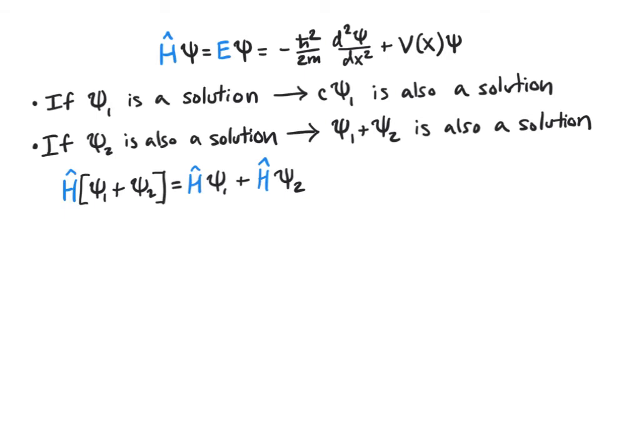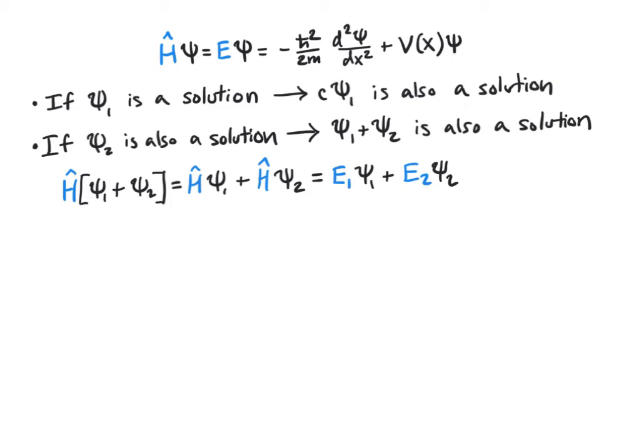Now the simplest solutions to this equation are the eigenstates of the Hamiltonian operator. Any wave function that is an eigenfunction of this operator is going to be a solution to this expression. And so if psi1 and psi2 are eigenfunctions of our Hamiltonian, then the Hamiltonian acting on them is simply equal to the eigenvalue times the function, which in this case would be their corresponding energies.